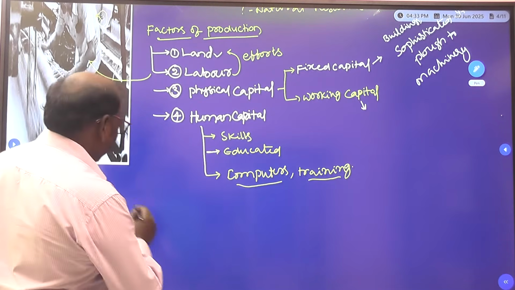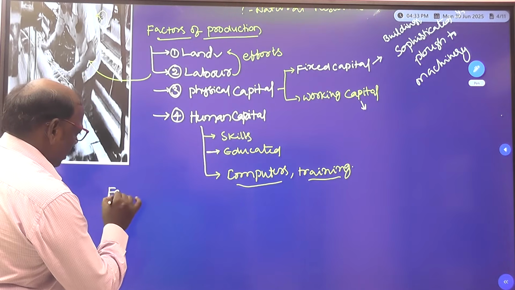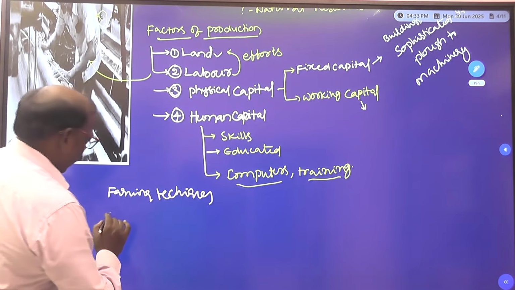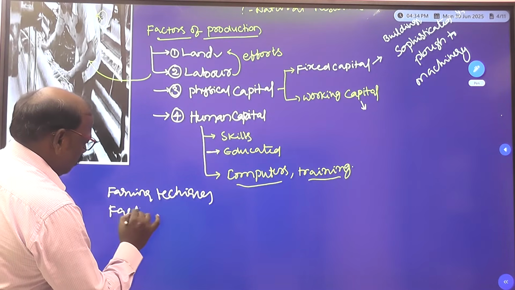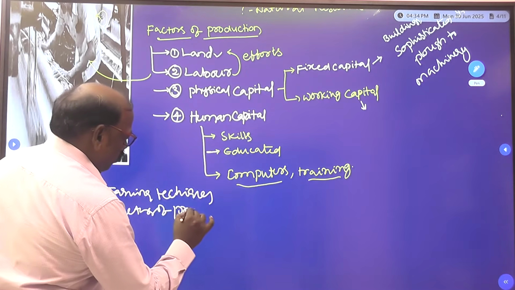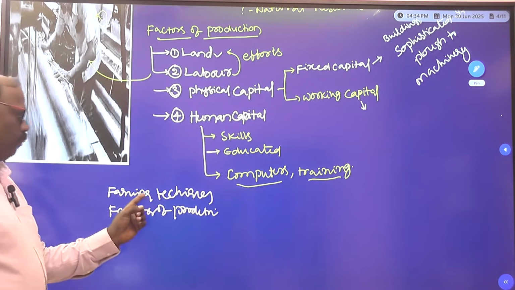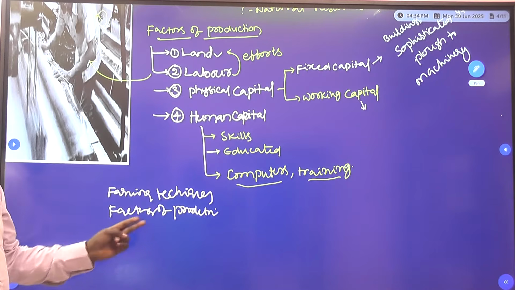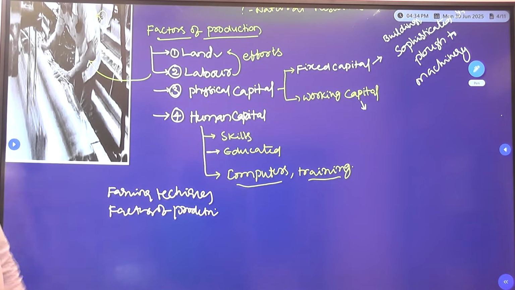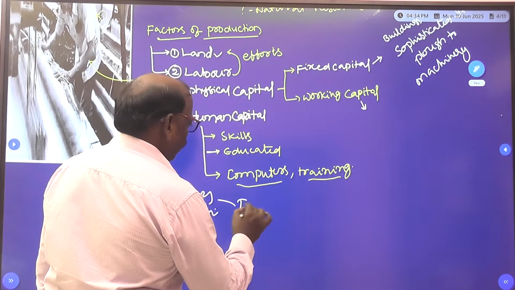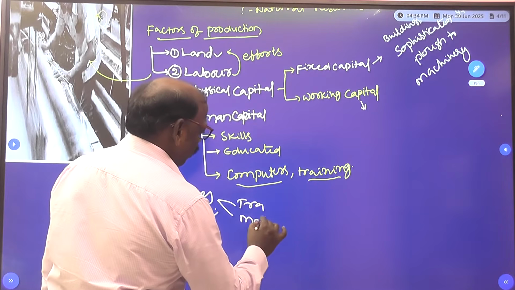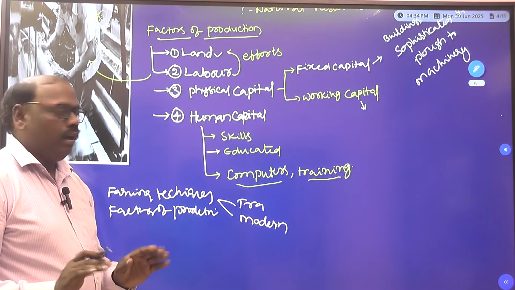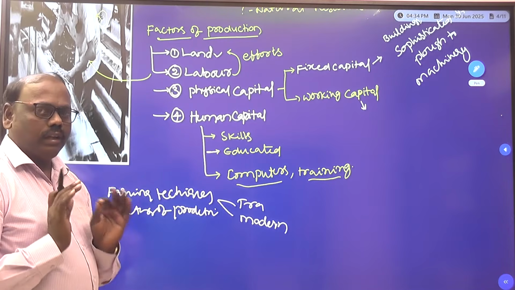So till now we saw what the farming techniques are, and what the factors of production are. Farming activities are done in two ways, modern and the old way, traditional and modern. And the next one is factors of production, these four things. These are very basic and very important in the entire Indian economy.